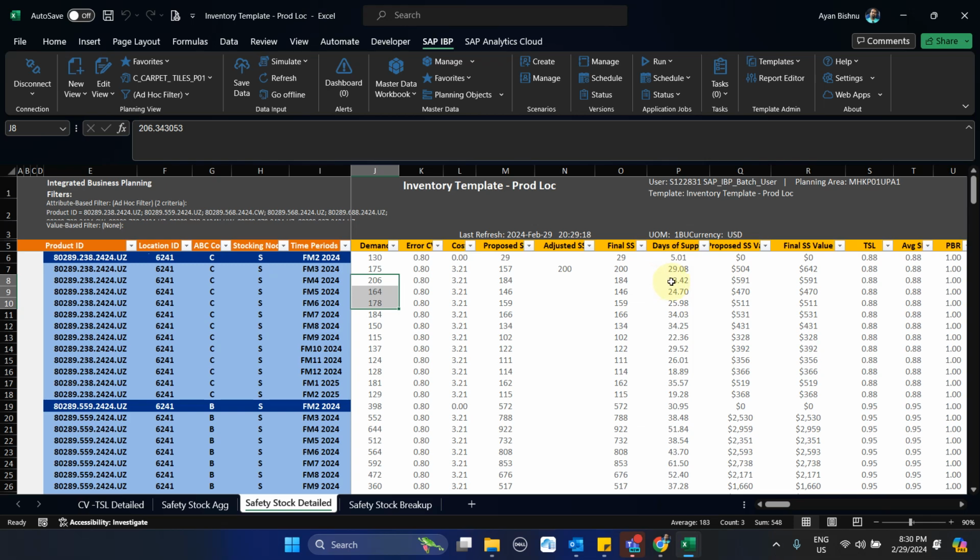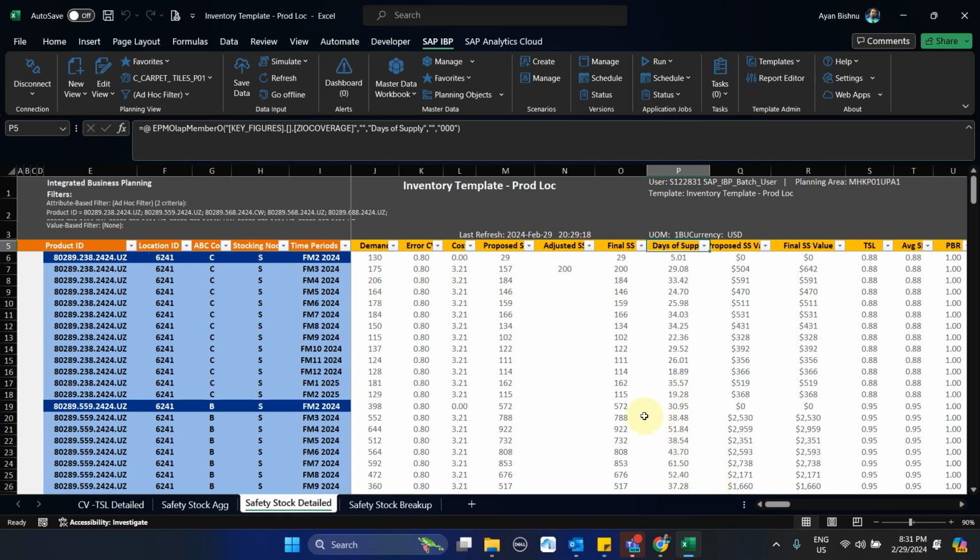As a result, it generates the days of supply automatically at any level, be it month product location, week product location, or even at an aggregated level. This is not the standard IO safety days, but a custom key figure designed to help the planner see the days of coverage based on the safety stock at any level.